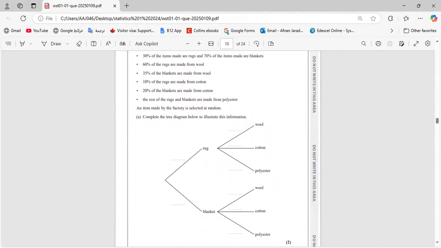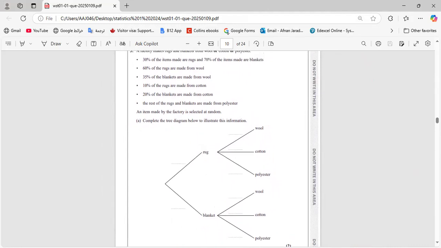Look here, 30% are rugs, so this one is 0.3, and 70% are blankets, so this one is 0.7. Check if the addition is 1. Yes, 0.3 plus 0.7 equals 1.